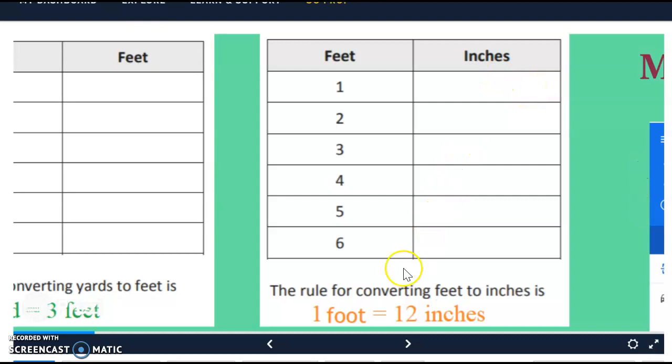So those of you who know your hashtags for 12, you're going to have an easy time here. 1 is 12, then 24, 36, 48, 60, and 72 inches as we go, and so on. So for any feet, in order to change it to inches, you multiply it by 12.